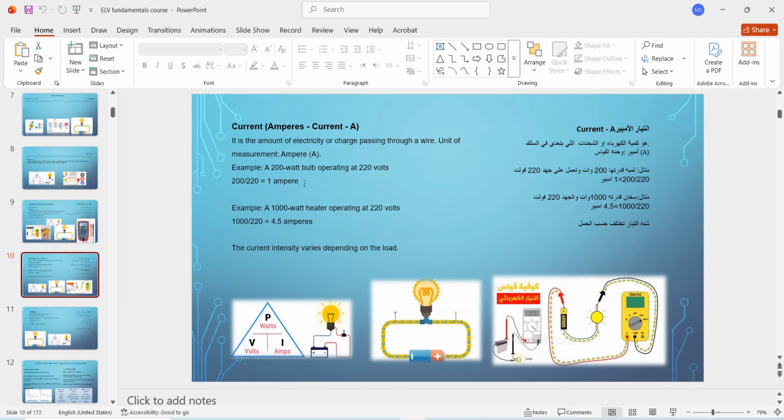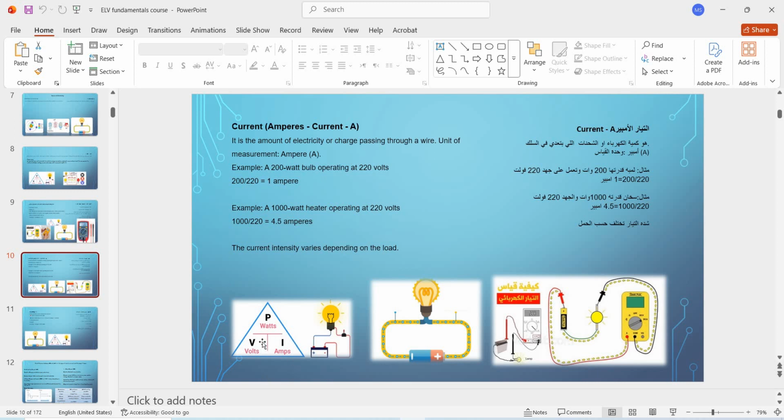Say I have a 200 watt bulb operating at 220 volt. So we use the triangle, cover the amps or ampere, and divide the power by the volt. Here the power is 200 and the volt is 220, so it's gonna give me 1 ampere.